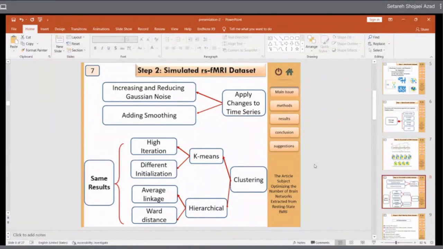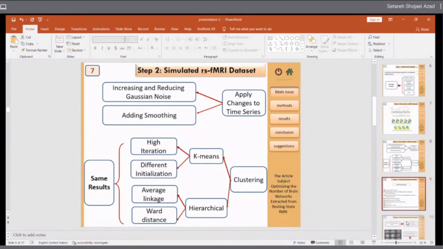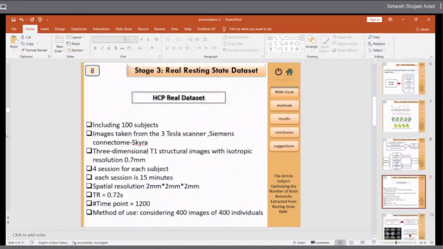And we used the k-means algorithm with high iteration, as I told, with Manhattan distance, and hierarchical clustering using average linkage, based on the 4 states of brain activity obtained in the article. We also used indices to evaluate these 4 dynamic brain states.